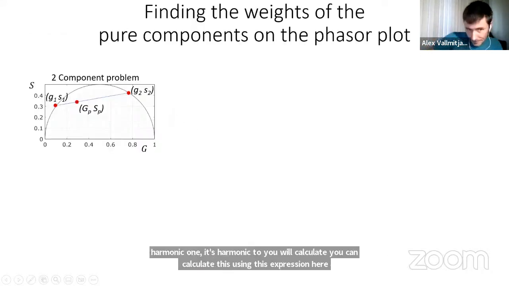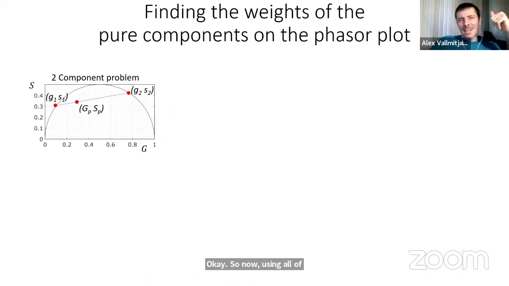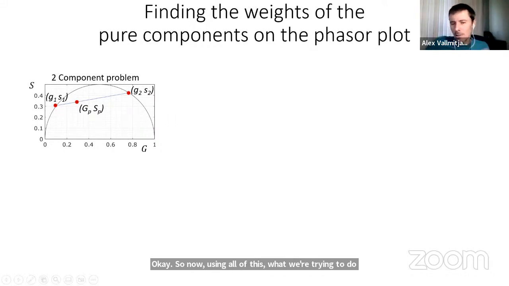Okay, so now, using all of this, what we're trying to do is, you're given some data, and you know that in that pixel, there's a bunch of photons that come from different components. You want to figure out how many of those photons belong to each of those components. So at that pixel, what is the proportion of photons that come from each of the pure components in your data?